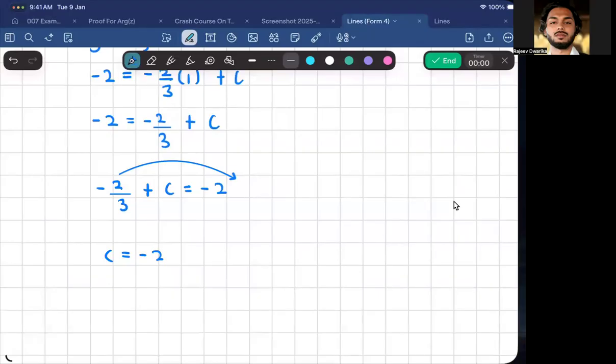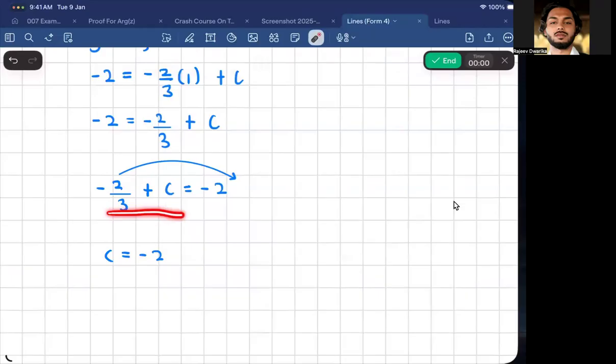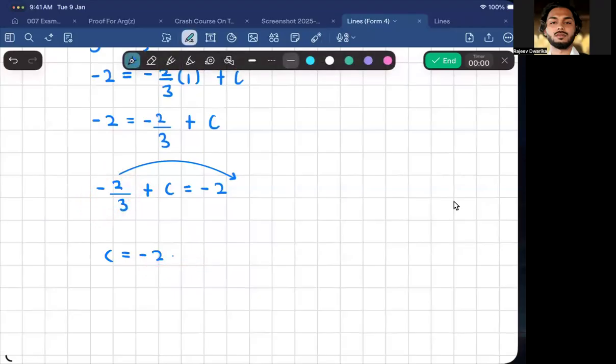So just write back the equation. We were trying to find c, right? It told me to move across the minus 2 over 3, so what do you write here? It'll be positive 2 over 3.